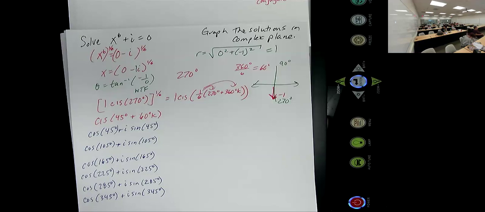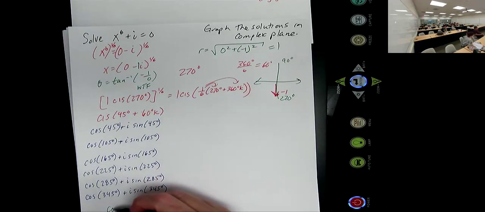We're not going to do it that way, we're going to use a calculator, but how could we find cosine of 105 without a calculator?